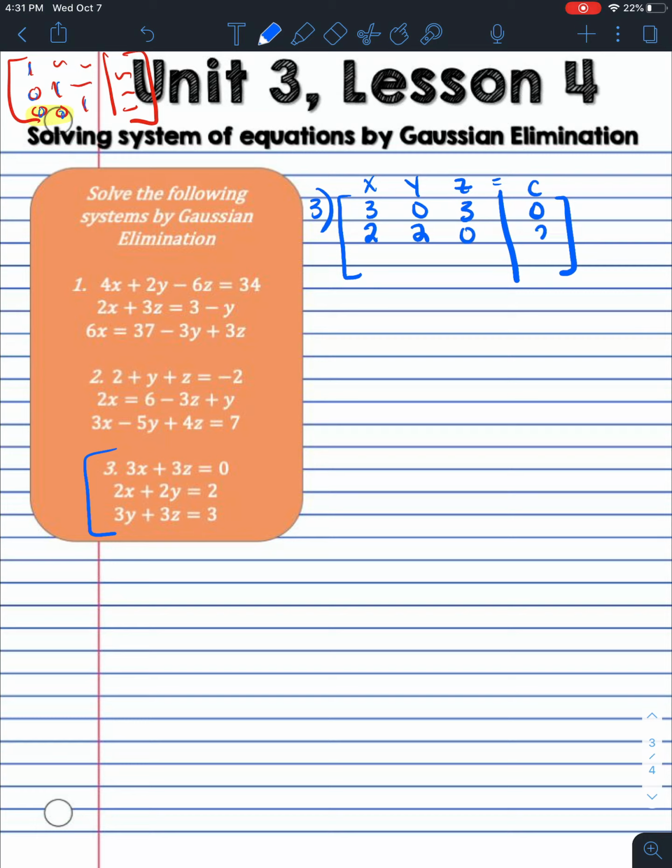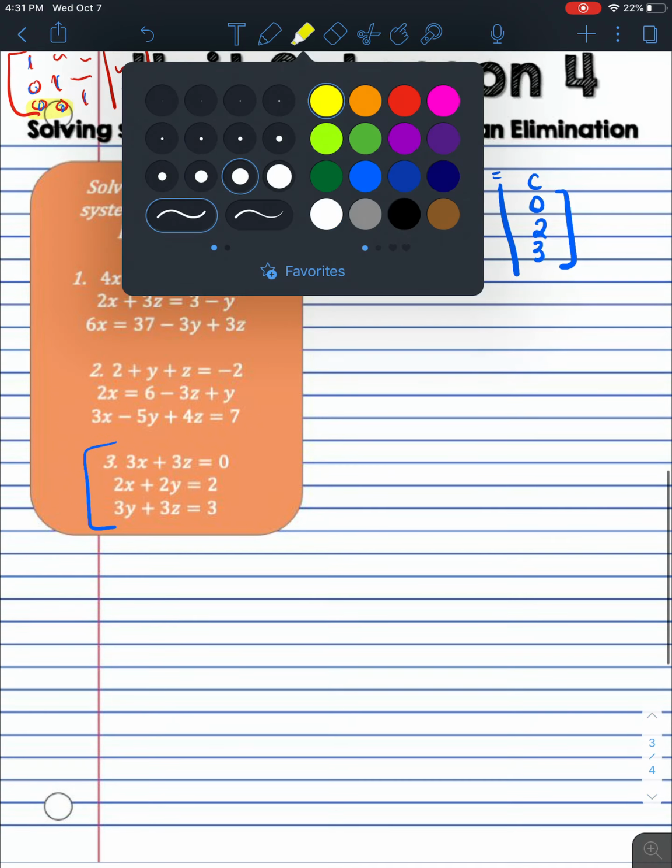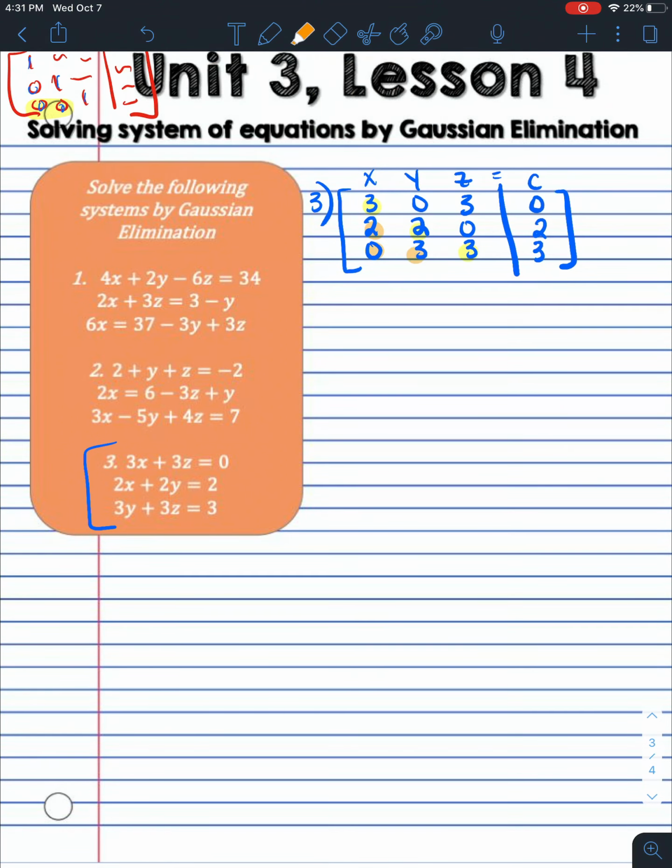Then I have 2x plus 2y plus 0z equals 2. And then 0x plus 3y plus 3z equals 3. Okay, so my goal is to get 1s in these positions and 0s in these positions.